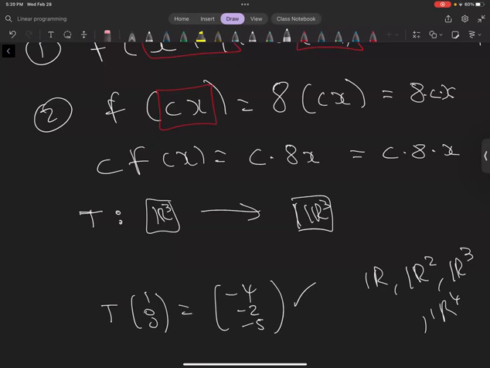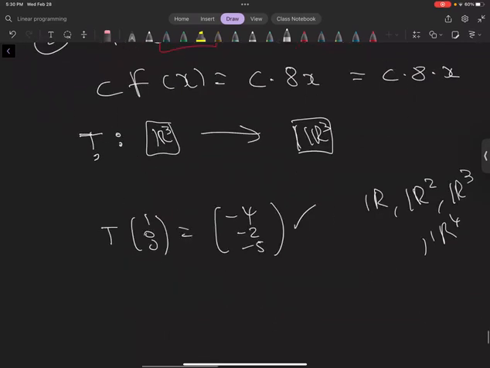3 by 1? No. So this is the trick, guys. If you say 3 by 1, and 1, 0, 0 is 3 by 1, you cannot multiply these two.